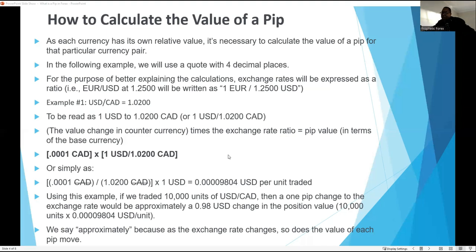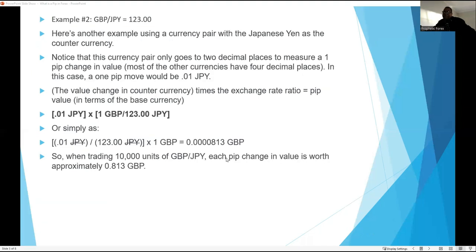Now we want to go to another one here where we have GBP JPY, and as you can see, it's a different example there. We have 123.00. So basically, as you can see, for the Japanese yen, it's just 1 or 2 decimal places. That means that one move would be 0.01.